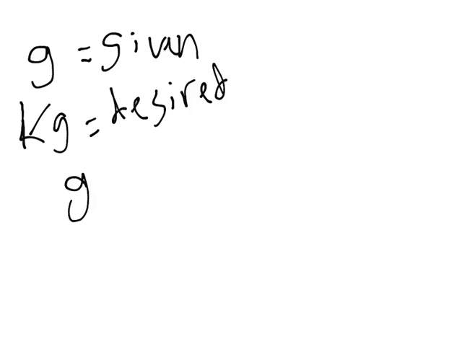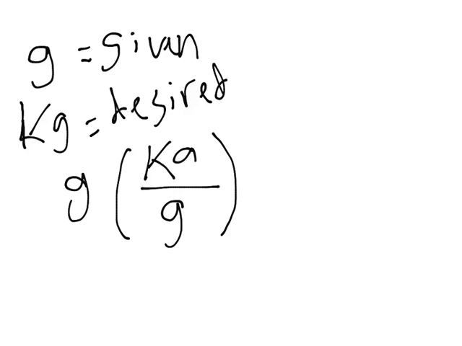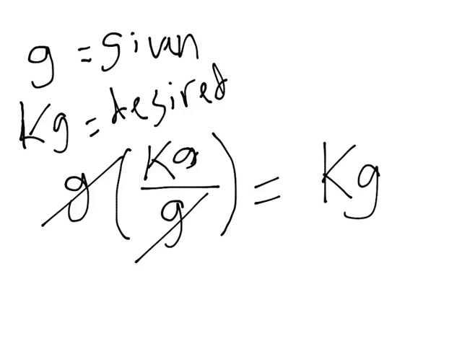So you will have grams here, the given unit, then you will make the parentheses with the line, and the formula says that you have to write the given unit down. So it's going to be grams here, and the desired unit up, kilograms here. As you can see, the grams will cancel with the grams, and you will only stay with the kilograms, which would be the conversion you want to make.